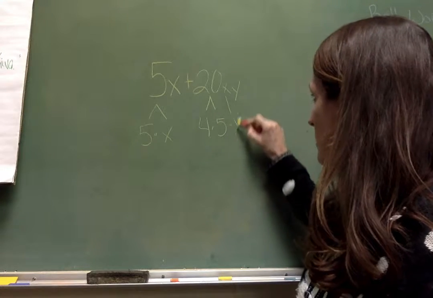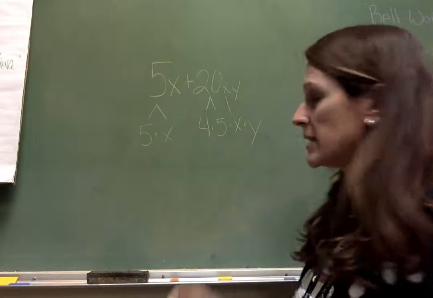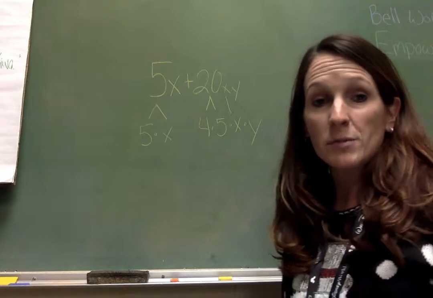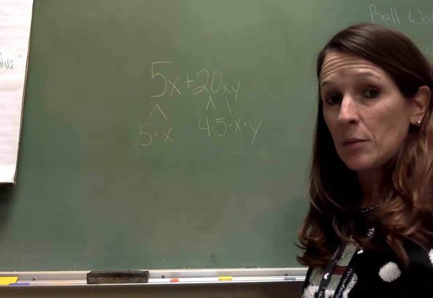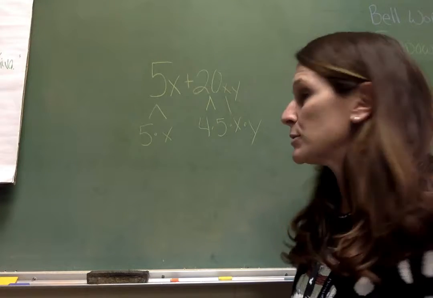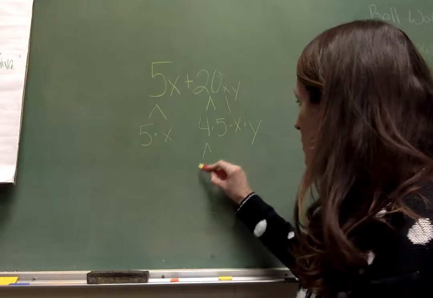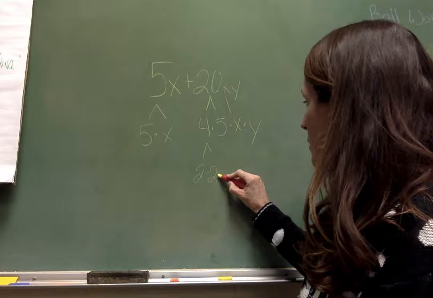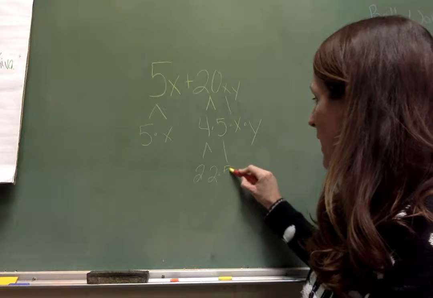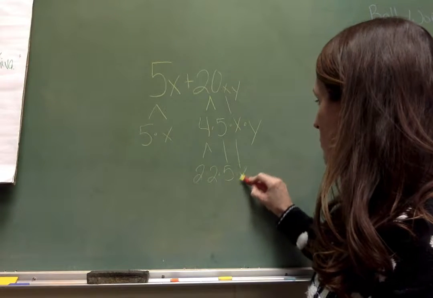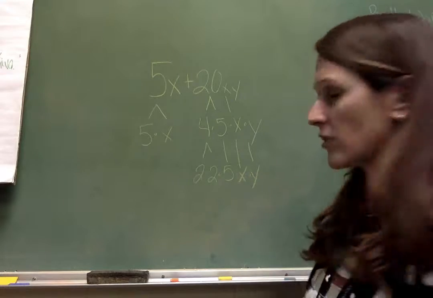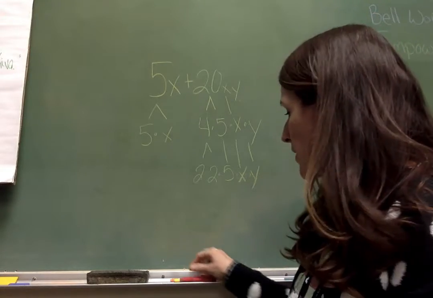Times x times y. I want to always bring those down. Okay. What times what makes 4 because that's not a prime number? Yep, 2 times 2. Remember, I like to bring everything down on the same level. Just helps me to keep track of everything.